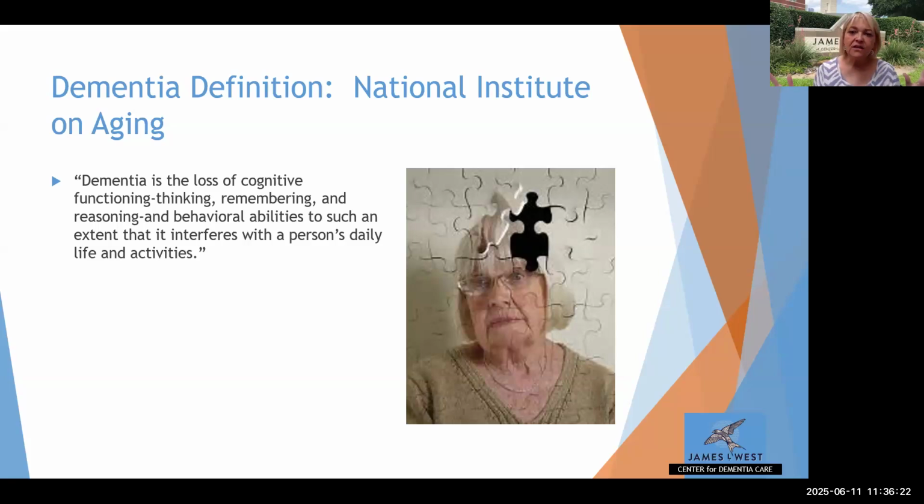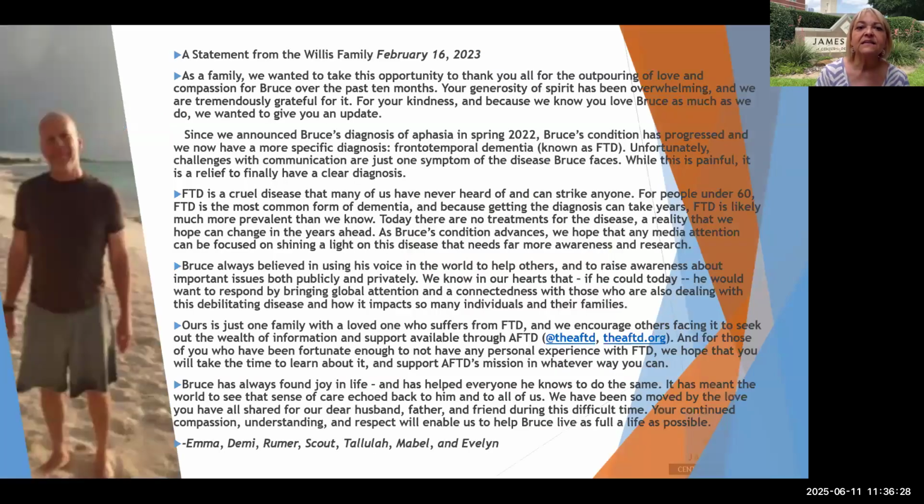There's been a lot of information about FTD lately because of a very famous actor and his family. Bruce Willis's family has been remarkable about being upfront and honest about his diagnosis. This is a statement that was made from Bruce Willis's wife and his family in February of 2023.